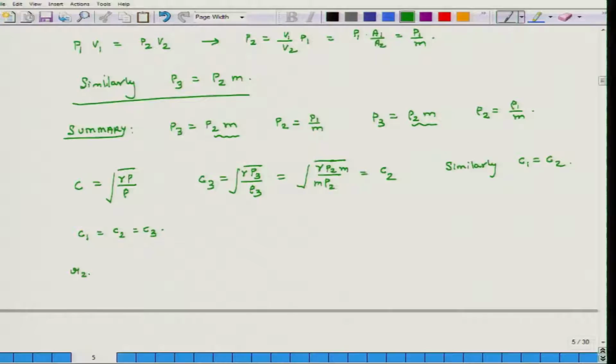Now we will compute R23. R23 is equal to rho 3 C3 over rho 2 C2, and we know that C2 is equal to C3, so they cancel out, and the ratio of rho 3 and rho 2 is m.